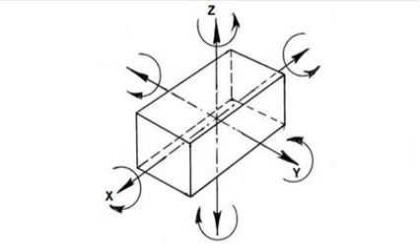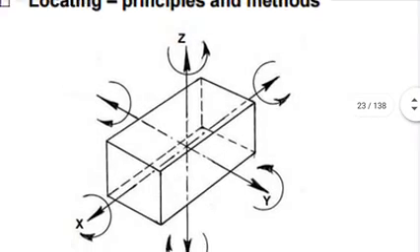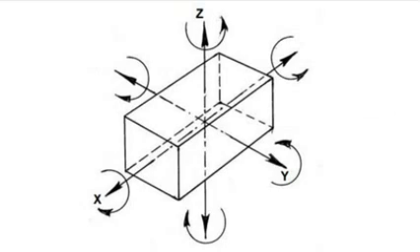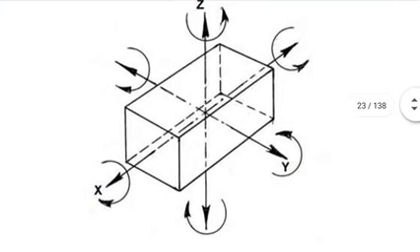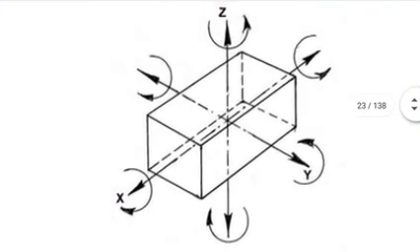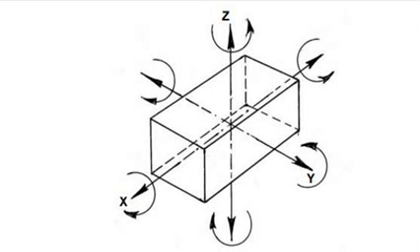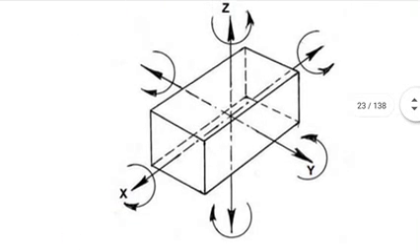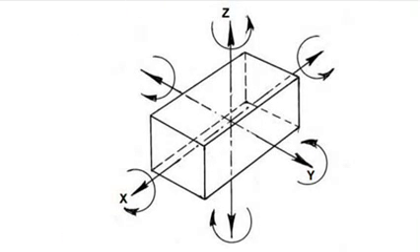Therefore the component will move either in x plus direction or x minus direction. The component may move in y plus direction or y minus direction, and the component can move in z plus and z minus direction. So you have to think widely that there are 6 linear motions, or 6 degrees of freedom, available to the component.